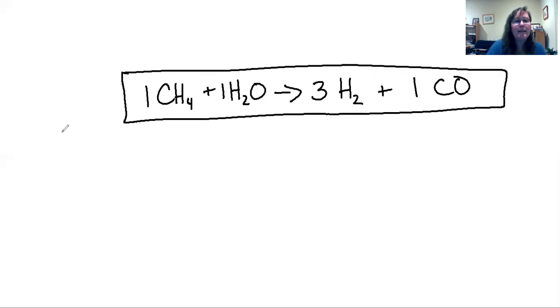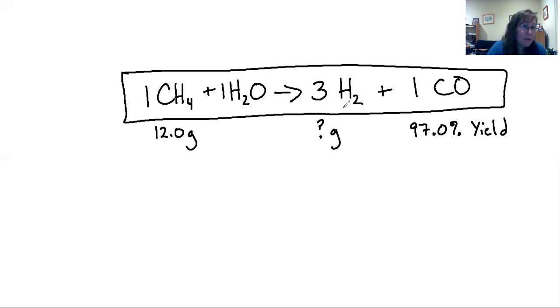Let's say that we are starting with 12 grams of CH4, and we know that this has a 97% yield. So how much hydrogen are we going to make?